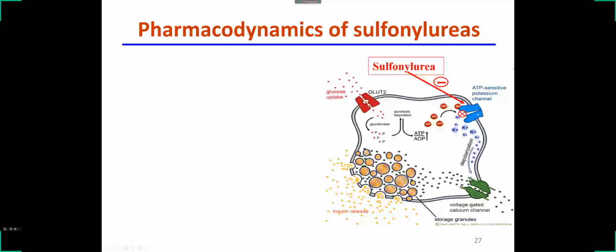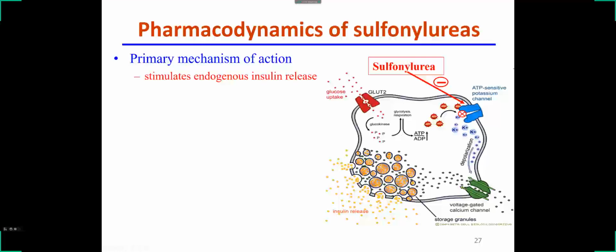What the sulfonylureas are going to do is block open this channel. Okay, they pry it open by binding to the ATP binding site. So they compete with ATP, but they compete in a way that keeps the channel open. And this then artificially causes production and release of insulin granules. Okay, I said it backwards the other way last time.